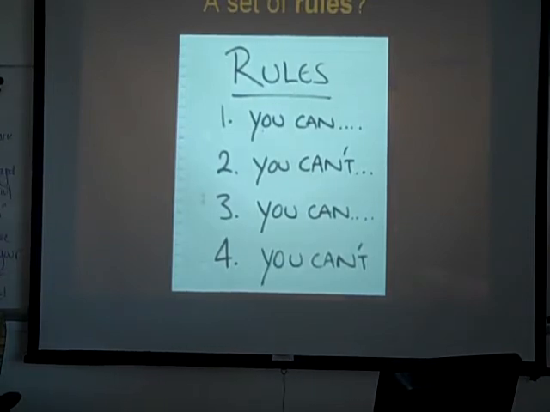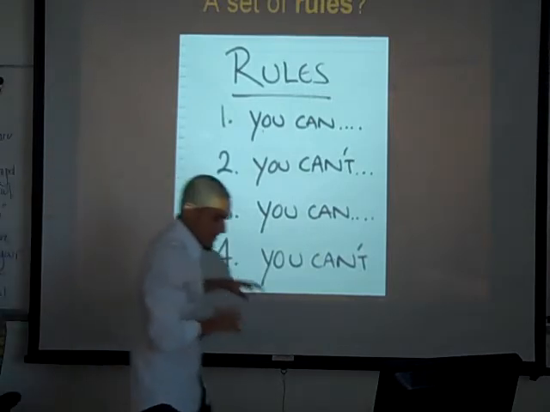Remember, the right to free speech doesn't mean you can just say whatever you want. It means that the government can't get in the way of your saying what you want in most circumstances. It doesn't mean that private actors can't get in the way. Remember, we talked about the state action doctrine. So the Constitution is not only creating the government, but putting a set of rules to bind that government.